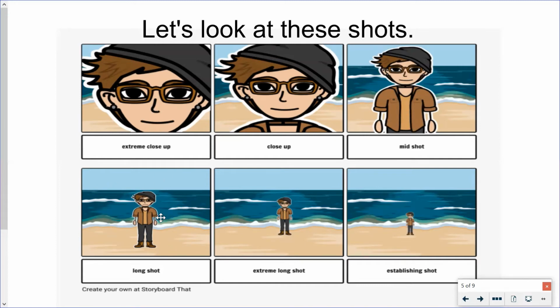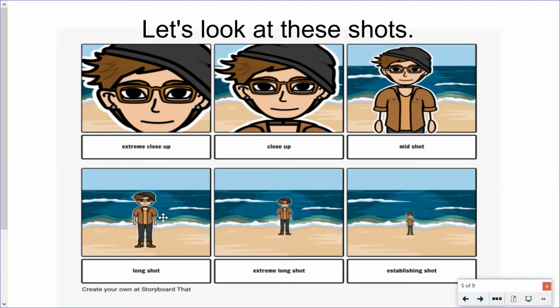Then you have the long shot. That means that you can see the whole object in your camera's viewer, or maybe the photographer has zoomed out in order to be able to see the whole body of that person, and you can see some more of the background.